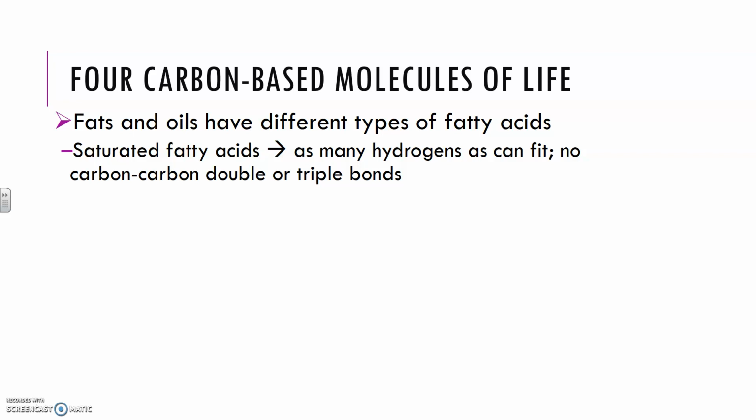Okay, so they're saturated, they're full of hydrogens. All right, so these ones can actually pack those fatty acid tails really close together. And so you can get a bunch of different lipids right on top of each other because it can all pack in really tightly. So those are the fats, okay? Those are the ones that are going to be solid at room temperature.